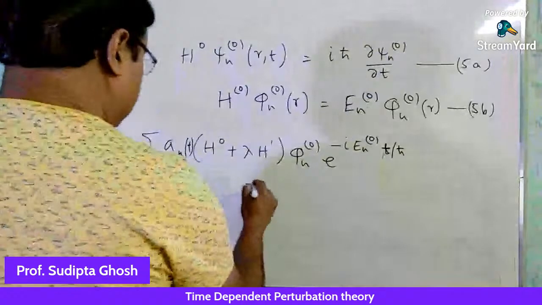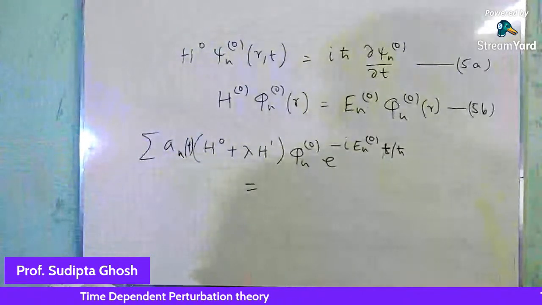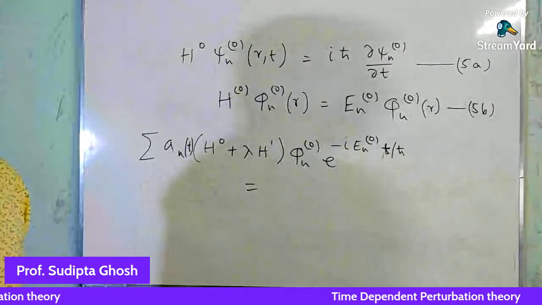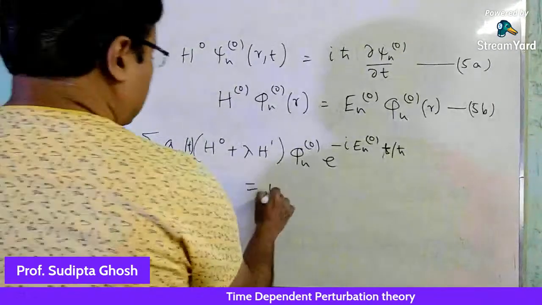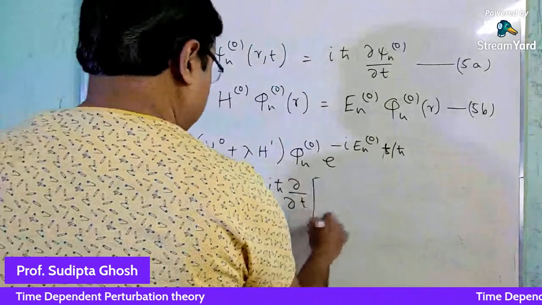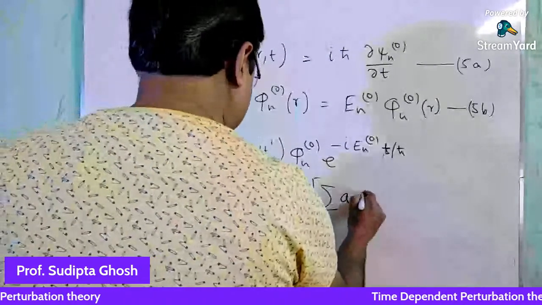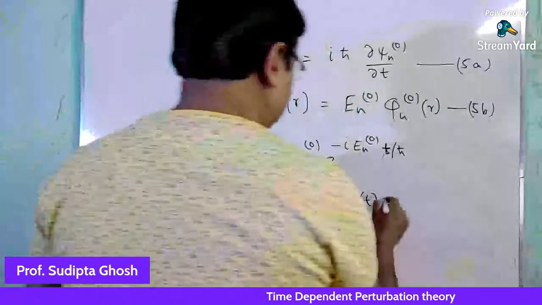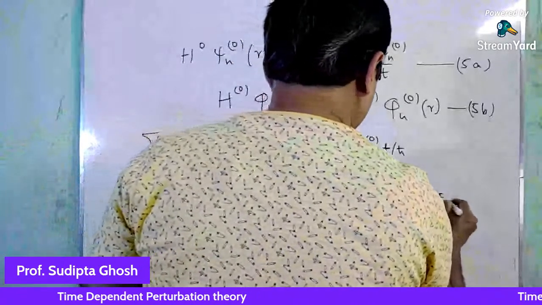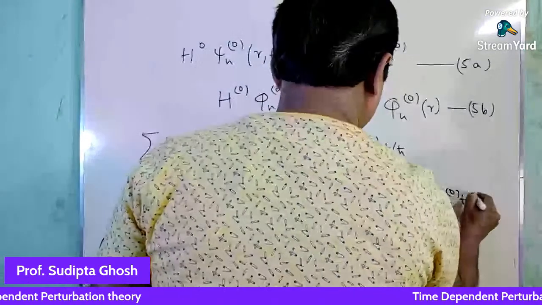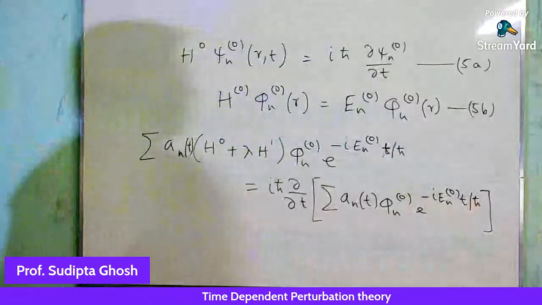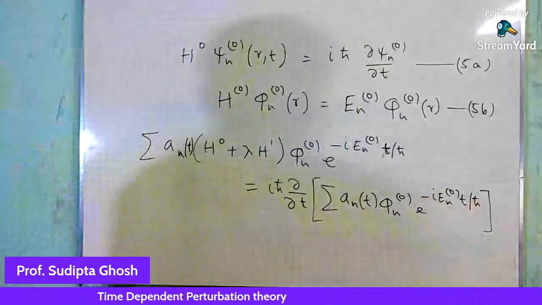Now on the right hand side of equation 2, that was i h cut del psi by del t, so i h cut and then del by del t of the summation of a n t phi n0 e to the power minus i en0 t by h cut. So after substituting equation 3 into equation 2, this is the form.